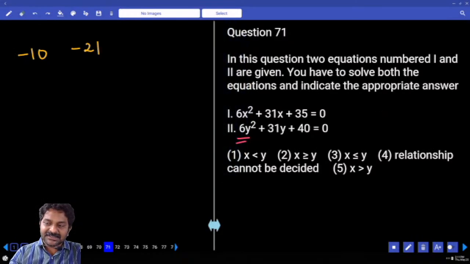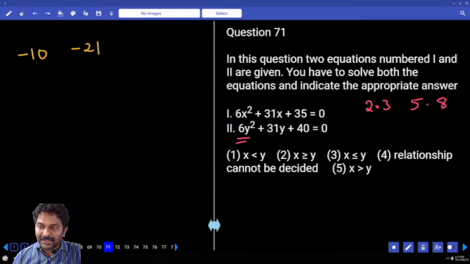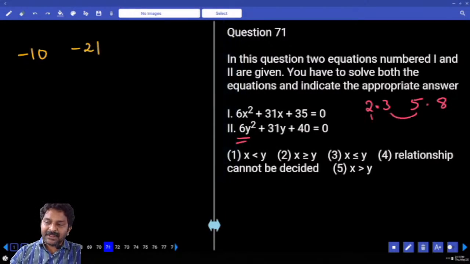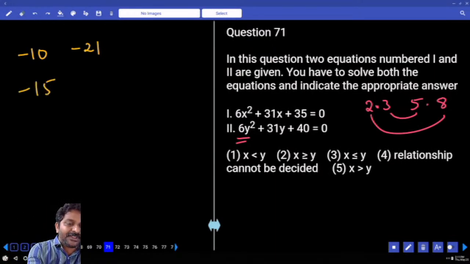Next. 6 can be written as 2 into 3. Other number 5 into 8. So now it is 3 into 5, 15, 2 into 8, 16, minus 15, minus 16. This number itself is sufficient to answer the question.